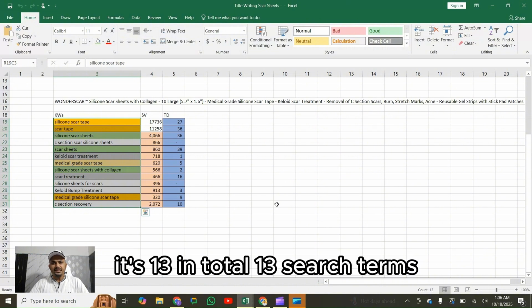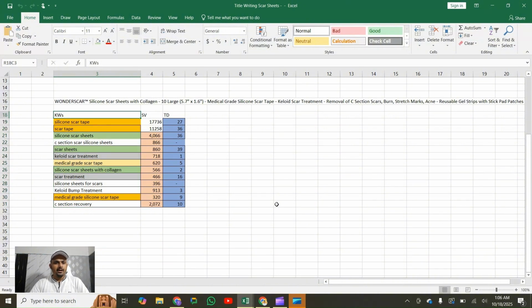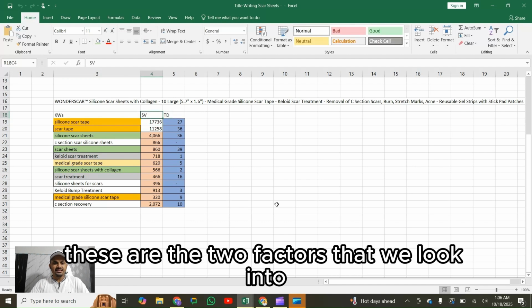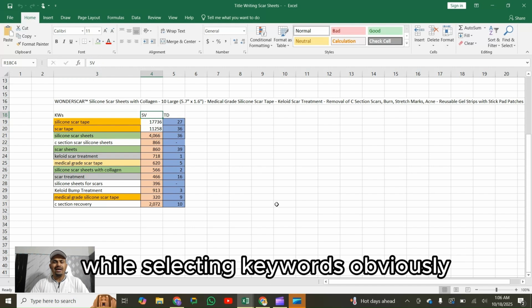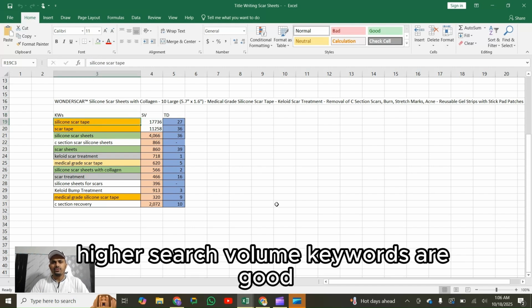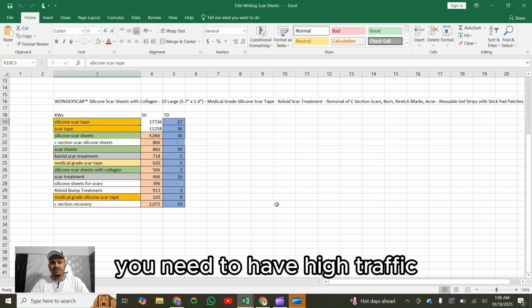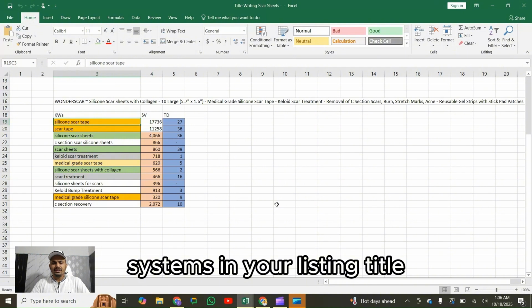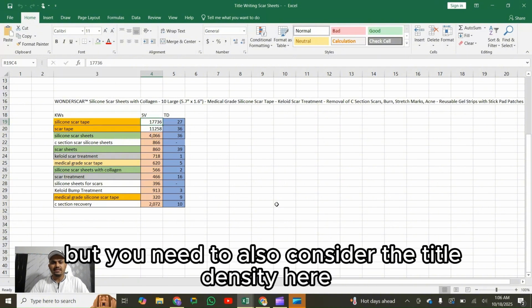As you can see, there are 13 search terms in total, and each one has a search volume and a title density. These are the two factors that we look into while selecting keywords. Obviously, higher search volume keywords are good. You need to have high traffic search terms in your listing title, but you also need to consider the title density.